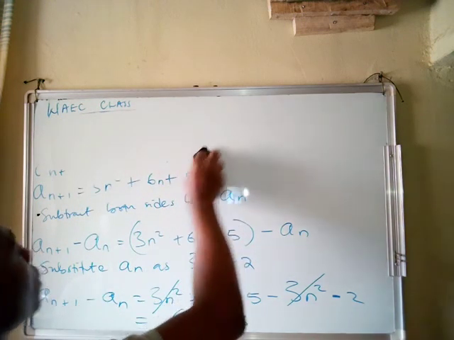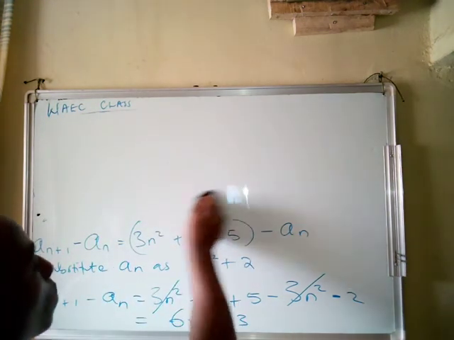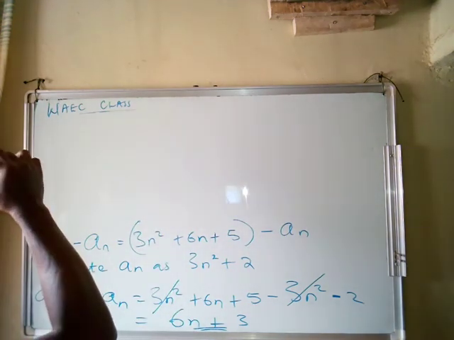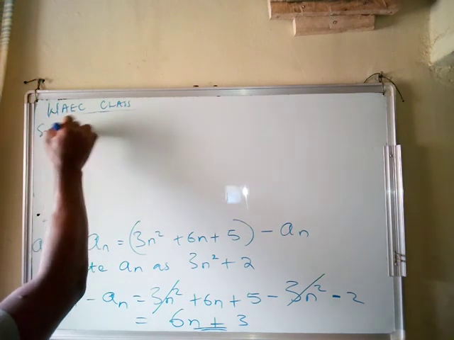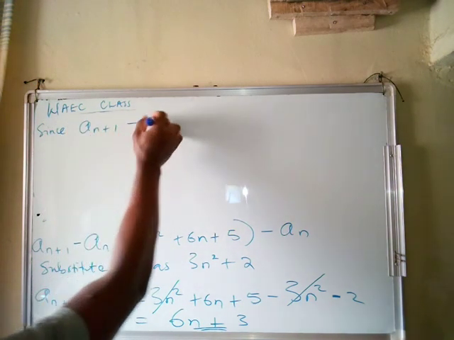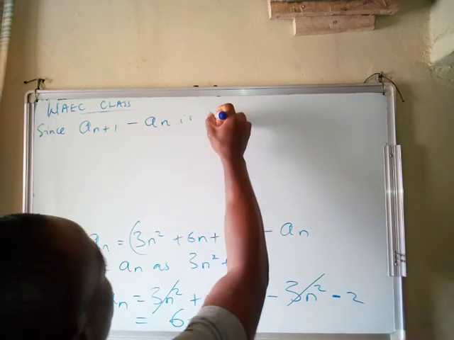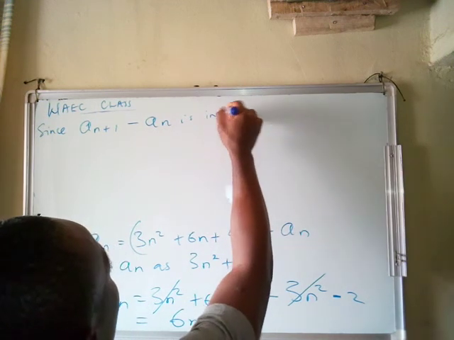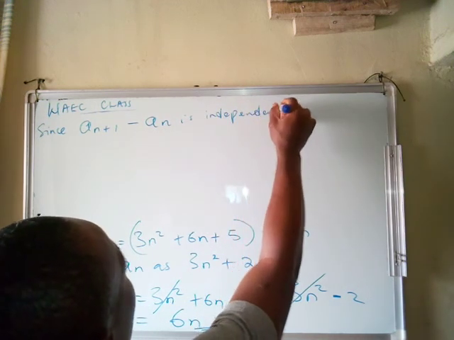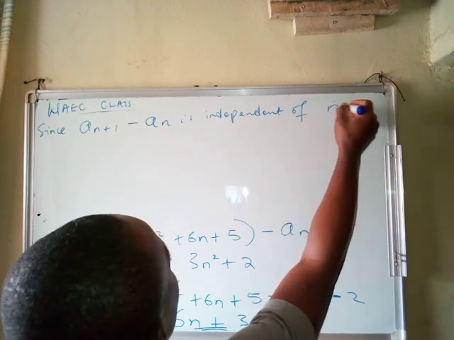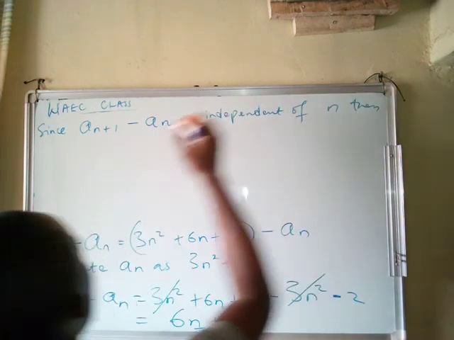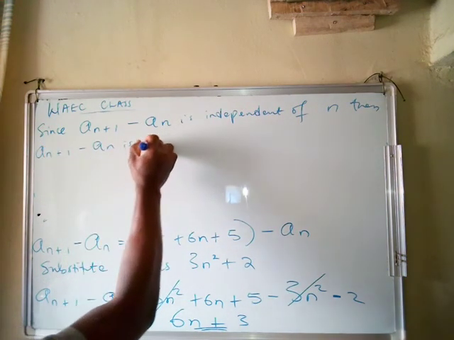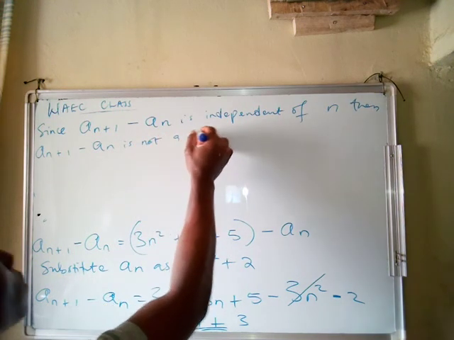Since a_(n+1) minus a_n is not independent of n, then a_(n+1) minus a_n is not a constant.